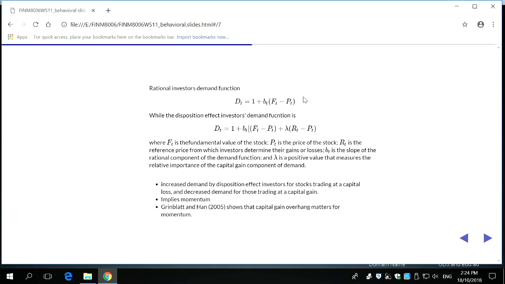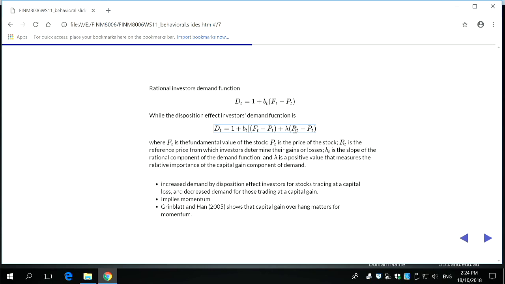However, if you are biased, or if you have the disposition effect, your demand not only depends on F minus P, it also depends on R minus P. And R is the reference point that investors use. The reference point is usually taken to be the price at which investors bought the stock, or the price investors observe prior to the current time.